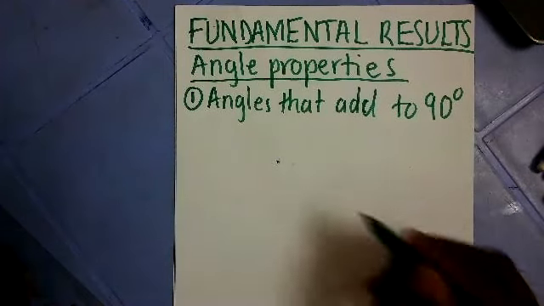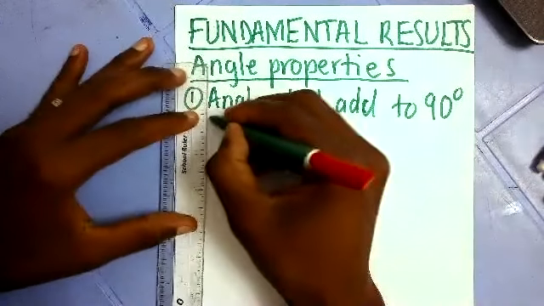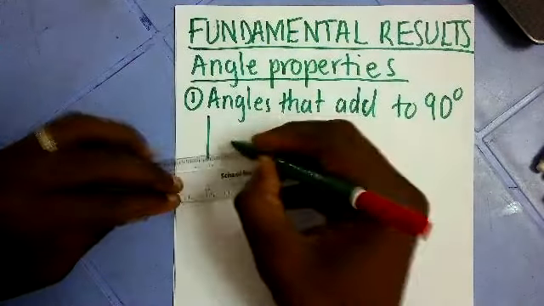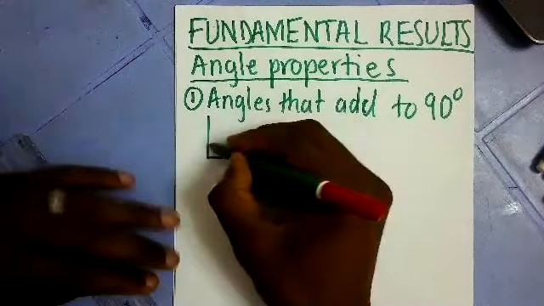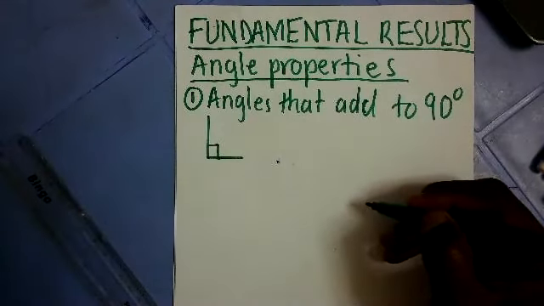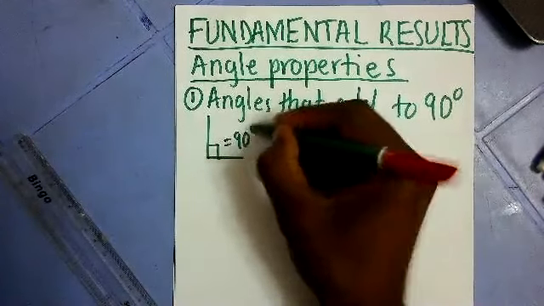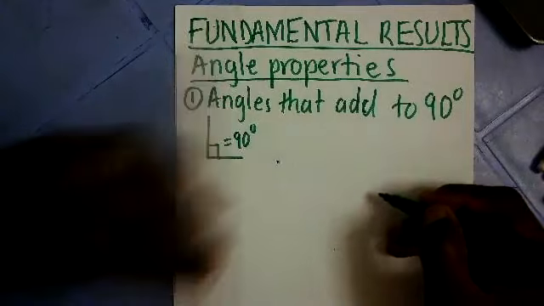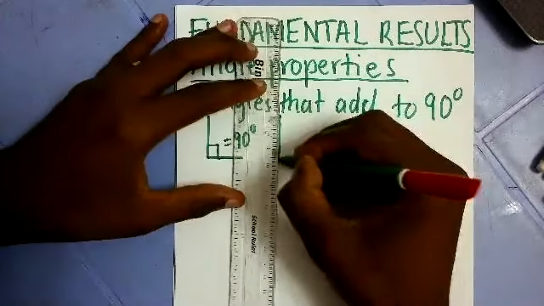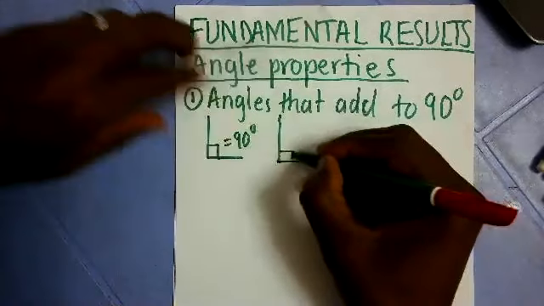Now, angles that add to 90 degrees are those angles where they show you a box. This kind of box here symbolizes that we are dealing with angles which add up to 90 degrees. However, there can be so many angles around 90 degrees.